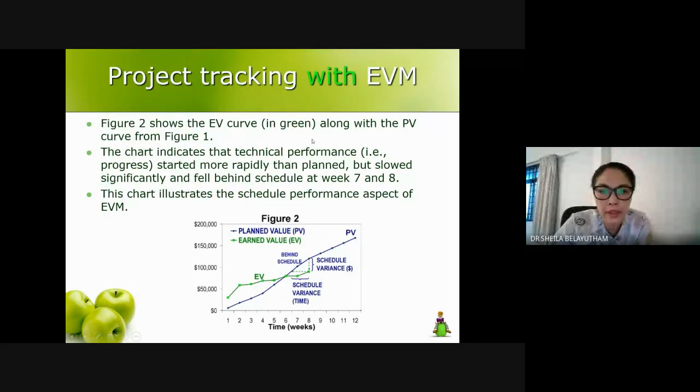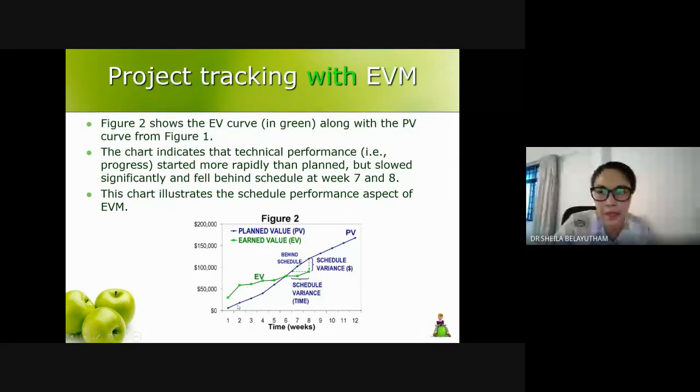The chart indicates that the technical performance, the progress, started more rapidly than planned, but slowed significantly and fell behind. If you are talking about schedule, the comparison is between the earned value and planned value.